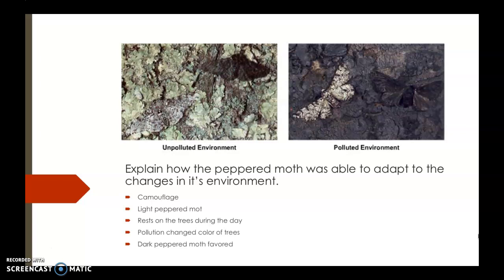Even though our environment changes, the peppered moth simply mutated into being able to blend in with the tree and have a high survival rate and not be taken by predators, which is really smart in this case.